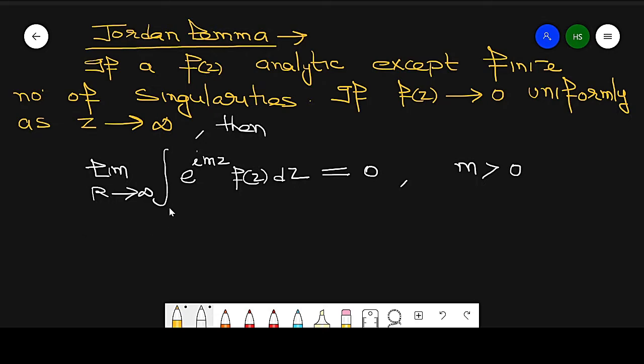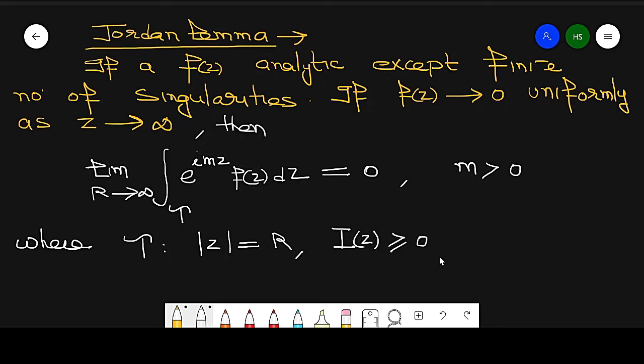Now what is this integration around tau? Tau is a semicircle of radius capital R, where imaginary part of z is greater than or equal to 0.